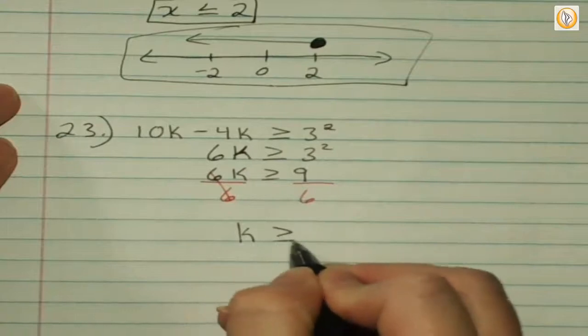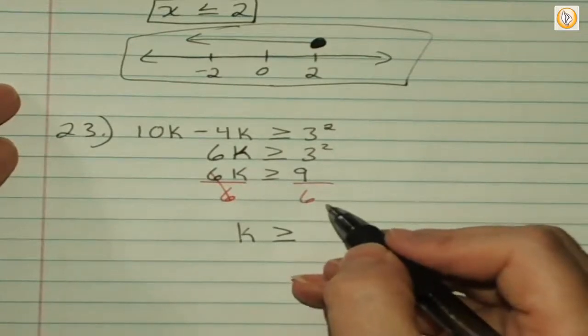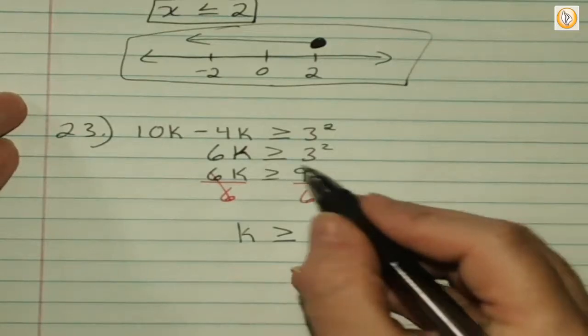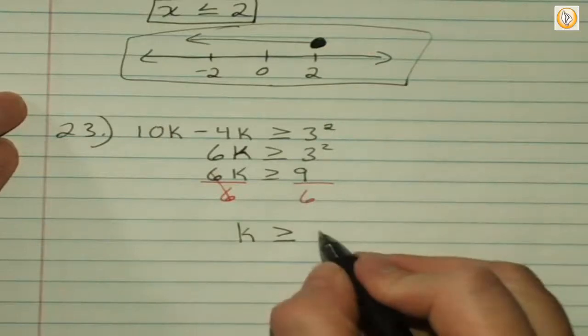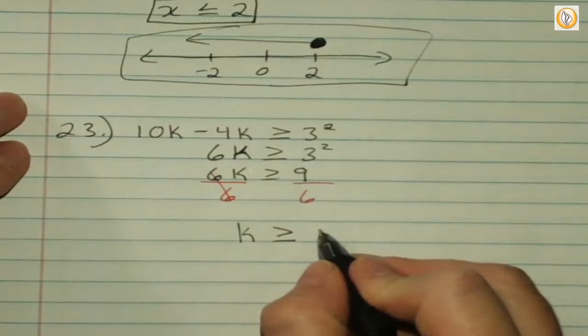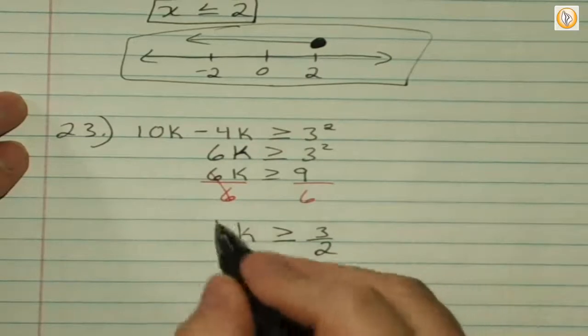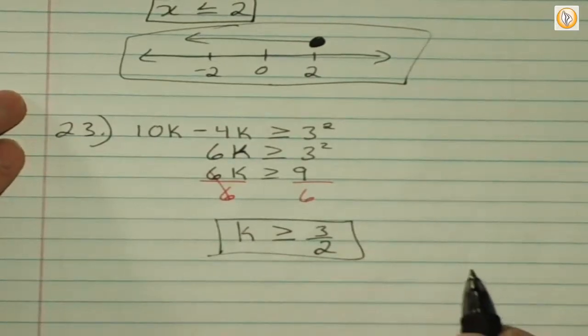k is greater than or equal to 9 over 6. Now, 9 can't be evenly divided by 6, right? So what can I do to this fraction right here? Reduce it. Yeah, so what would you get? 3/2. There you go. And it didn't say you had to graph it.